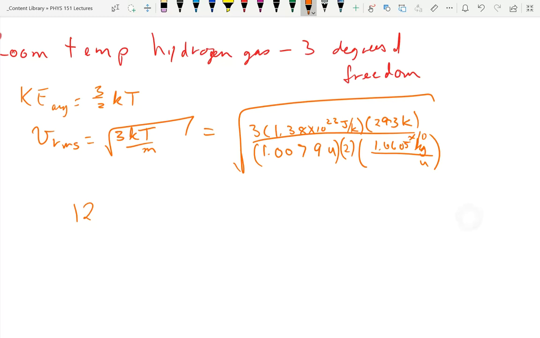Kilograms per AMU, 1.66. I believe that should be kilograms per AMU. Yeah.